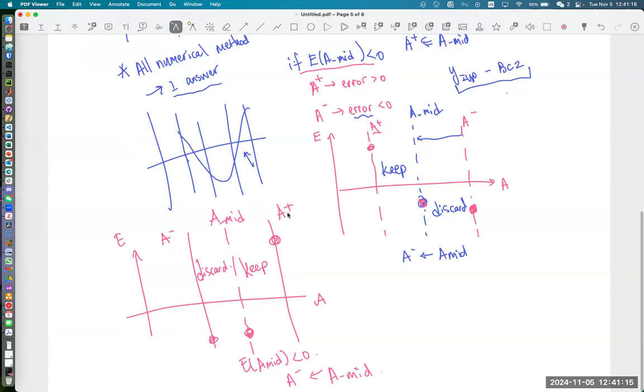But I have a plus on the left and a plus on the right, two cases. I will always want to keep the one that crosses zero and I want to move the A minus to the A middle. And so the final steps are the same for these conditions.